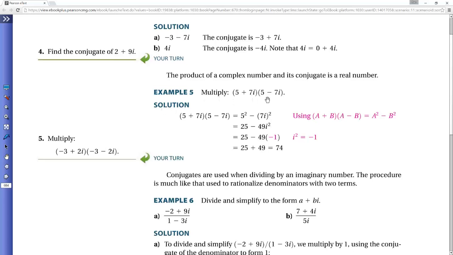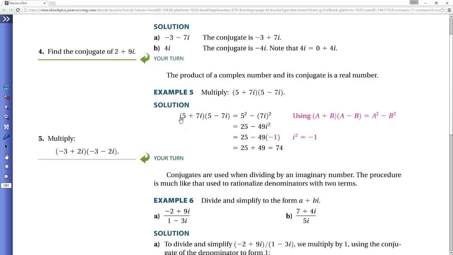If they multiply this complex number times its conjugate, we end up with a real number, in this case 74. They're using the difference of squares shortcut. You could use FOIL, but you'd find out that the middle term goes to 0, and we end up with the first term squared minus the second term squared.